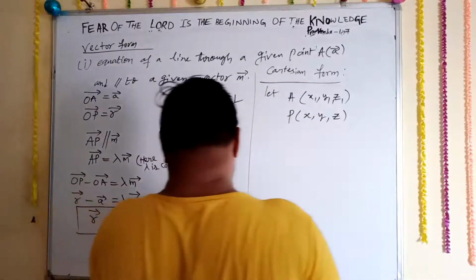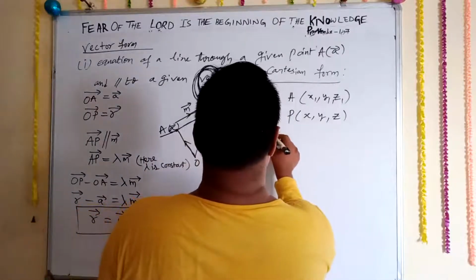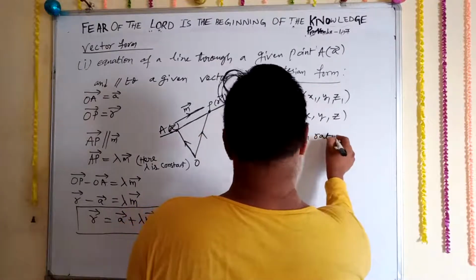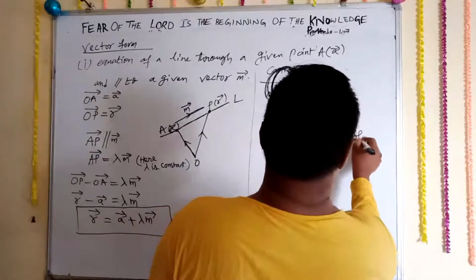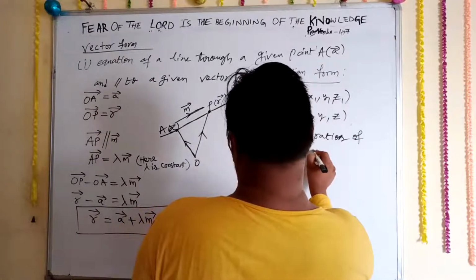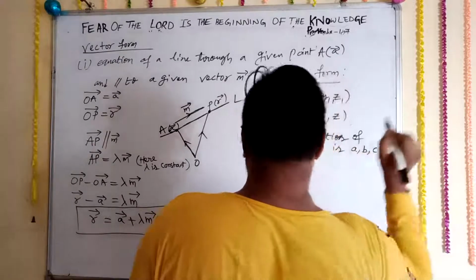These will be done, and then next our direction ratios of the given line, m vector is a, b, c.